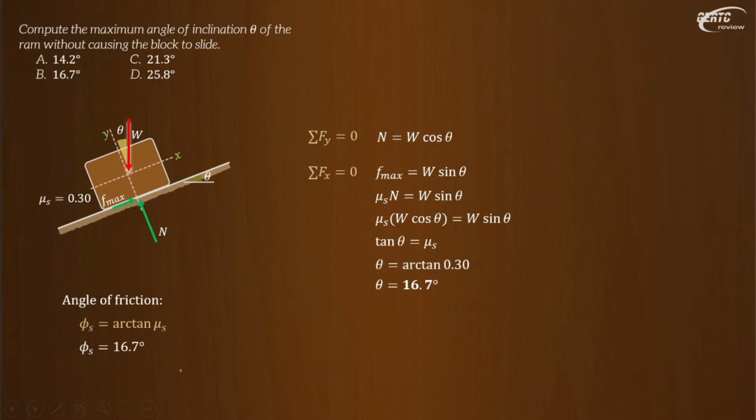What I'm trying to explain here is that the maximum angle that the ramp can be inclined without causing the block to slide is the angle of friction.